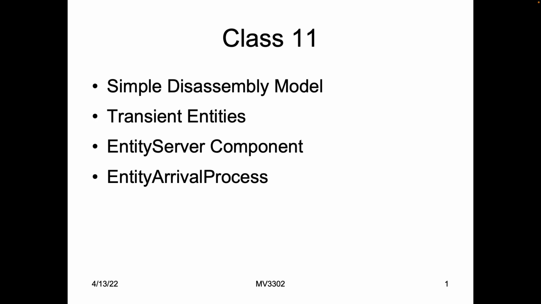In particular, the model with reneging gave us, when we used the IDs of the incoming customers, something that let us run the model, but it didn't let us estimate some of the measures that we were interested in. And so using these transient entities that we'll talk about, we're able to do that.